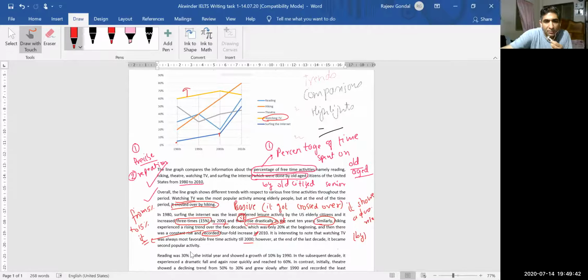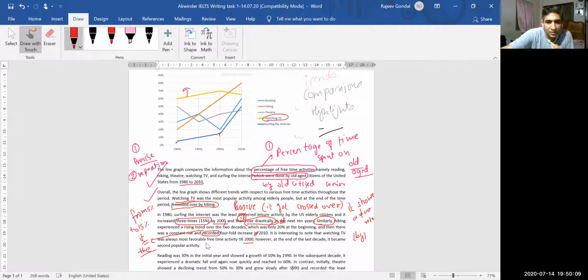It became the second popular activity. Say the second, because it is particular. It became the second most popular activity. Okay, it came second in the list.